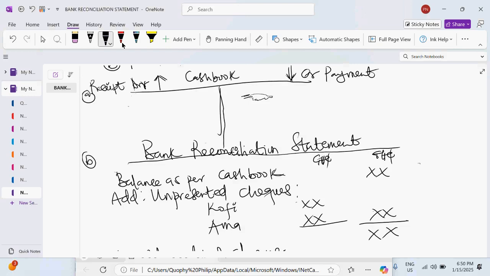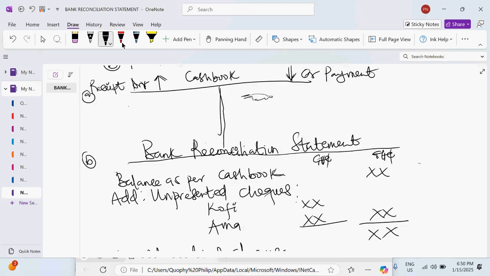We want to make sure that the balance we have in our cash book is the same as the balance that the bank has, right? If we have 2,000 in our cash book, the bank should also have that 2,000.